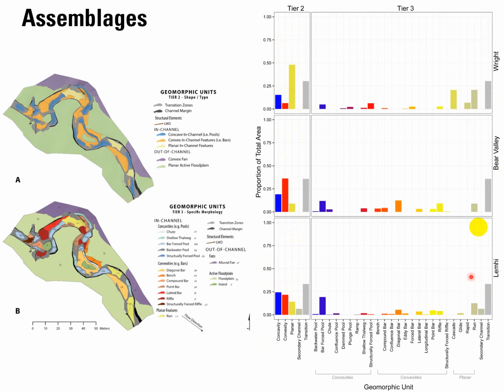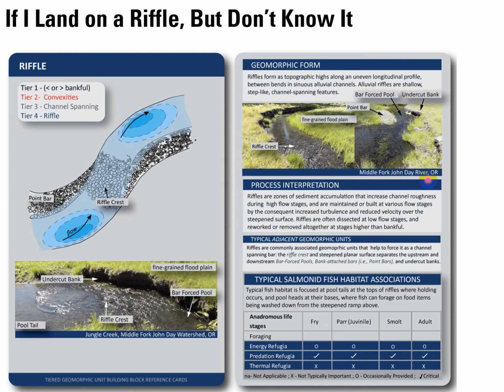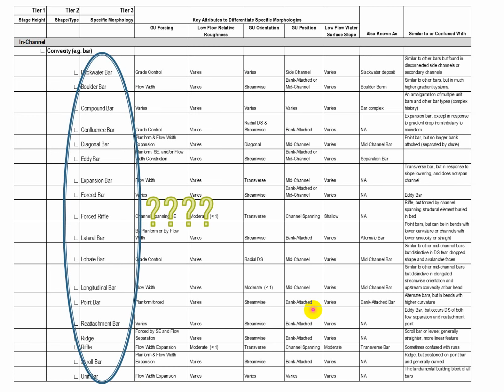And these are actually the 3 sort of river types that we looked at a little bit earlier that were mapped. So if you land on a riffle and you know it's a riffle, well, you're done. Okay, you can read it, you know what a riffle is, and then there's a bunch of stuff, like I said, that you get to infer about the processes that must be taking place, as well as some of those key attributes. If you don't know that and you need sort of a dichotomous key for helping you out, come back to our horrible tables, okay?